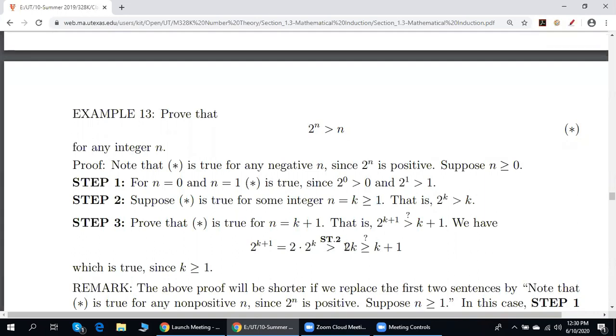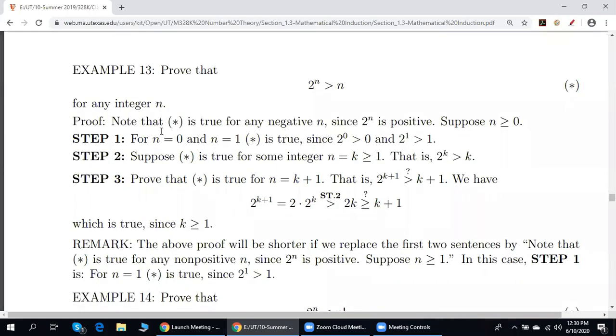Therefore, in step 3, we will not be able to prove this, because this can be rewritten as this, and if here 0, this is simply not true. If k is greater or equal to 0, this does not mean that k is greater or equal to 1. Therefore, if here 0, we will not be able to prove this.